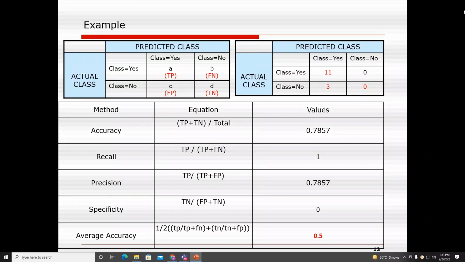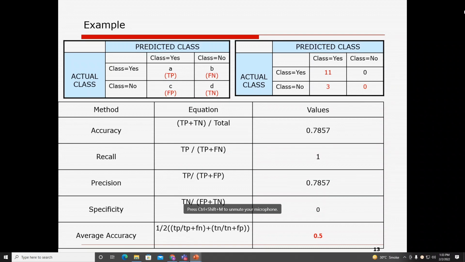So if I have one data set, I want to find out which classifier is better. Then on all these values, I can compare neural network, decision tree, Naive Bayesian, support vector machine, random forest, etc. And I can see where these values are better. So that classifier is better.